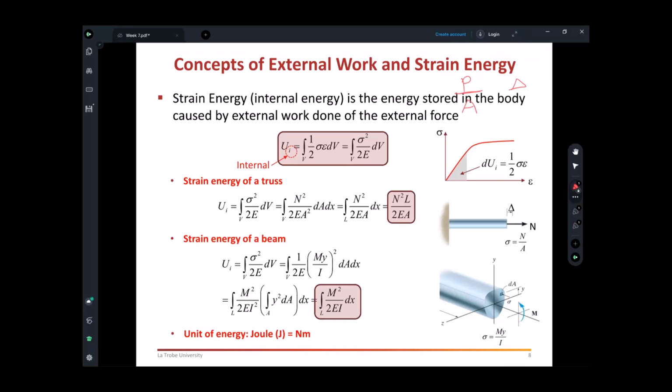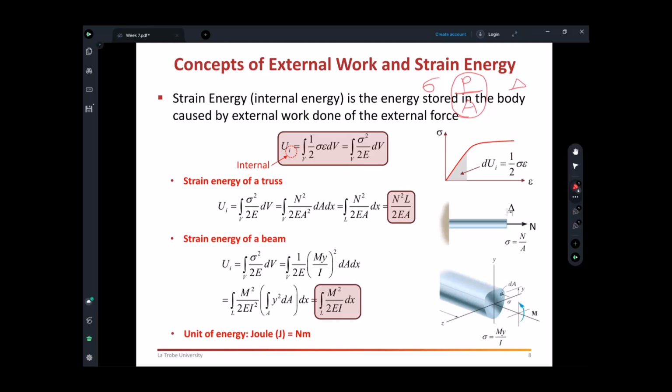If you have a big box, small pen, big pen, and so on, the energy stored internally depends on how much area is there. That load over area is called stress, right? So the internal quantity is stress, which is the external force divided by area.